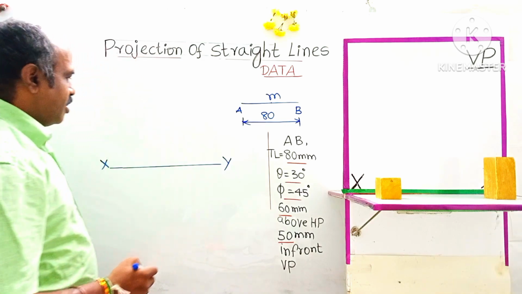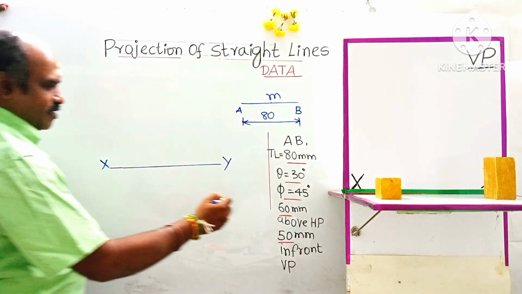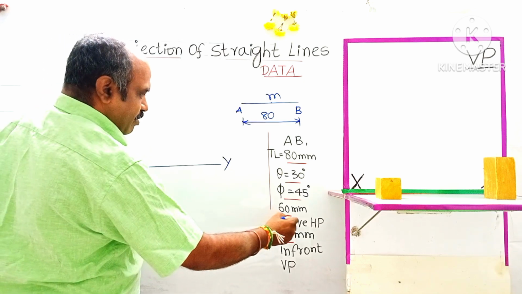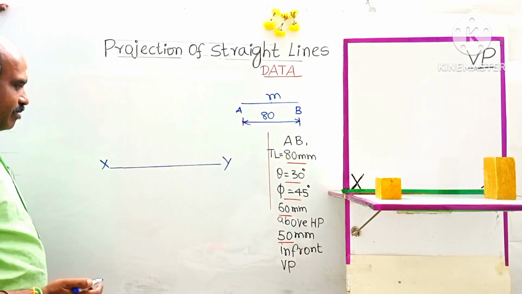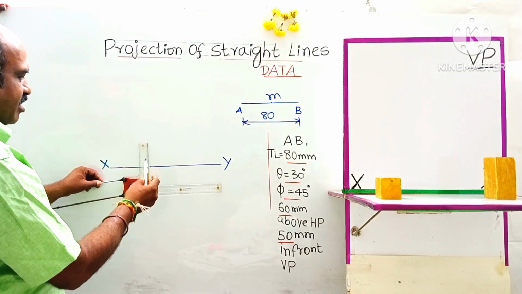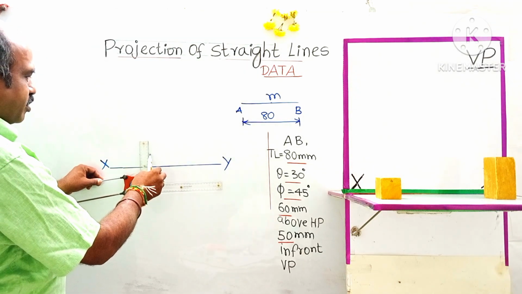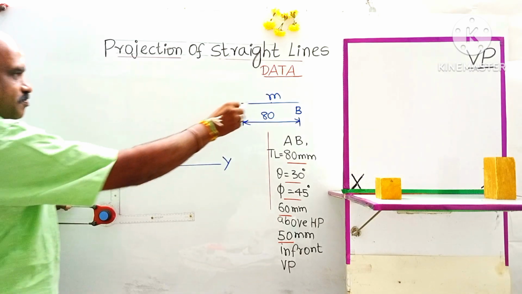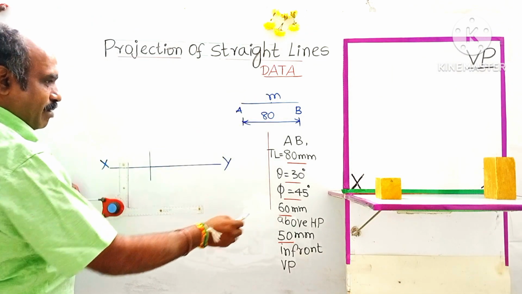The midpoint is 60 mm above the HP, as given in the question. 60 mm above the HP means that it will come above the XY line. Before that, mark any point on the XY line. With this point as reference, draw a vertical projector. Then I am going to locate the point M at 60 mm above the HP.